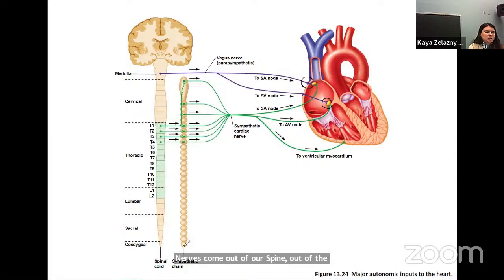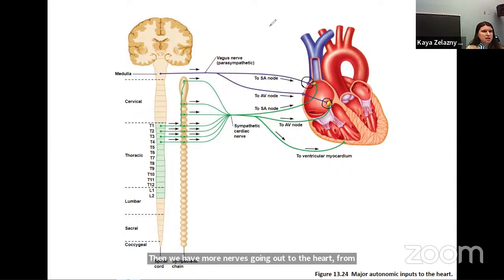They then go into our sympathetic chain. If we're talking about the ones going to the heart, this is the specific pathway for nerves to the heart. So our sympathetic chain, you'll see next semester when we get into the chest in lab. It sits there parallel to the spine. Then we have more nerves going out to the heart from there.